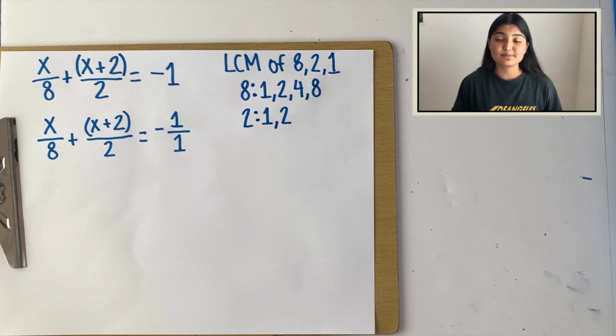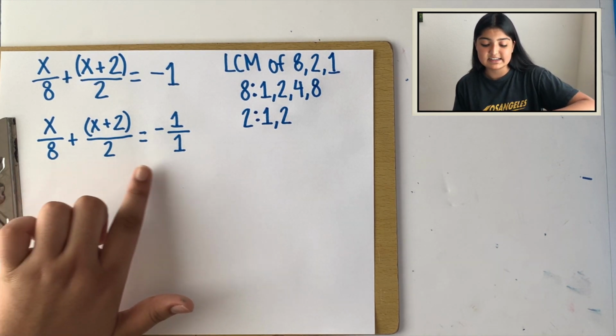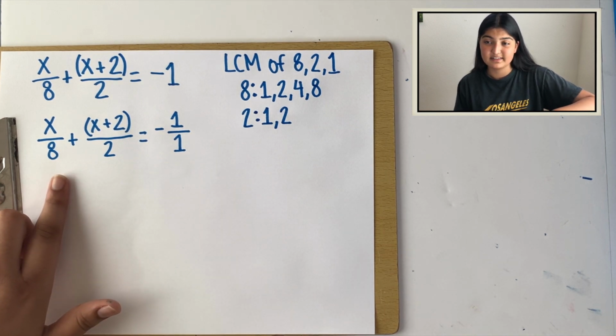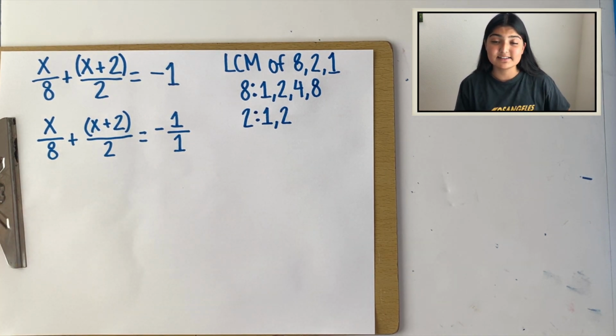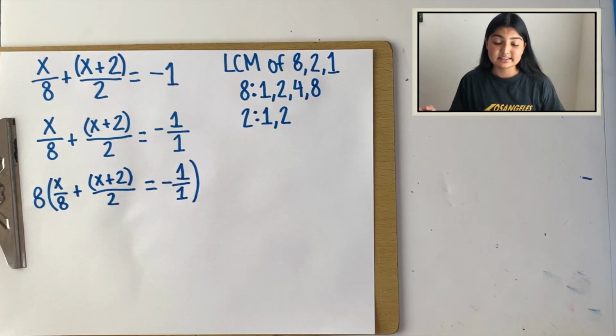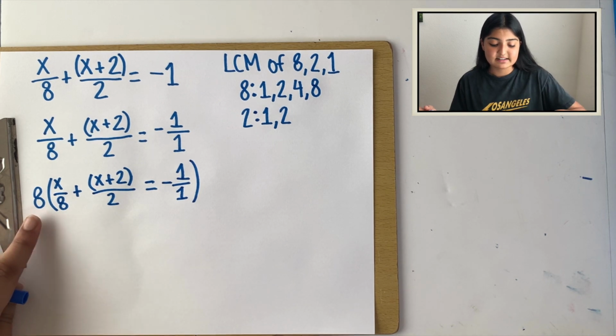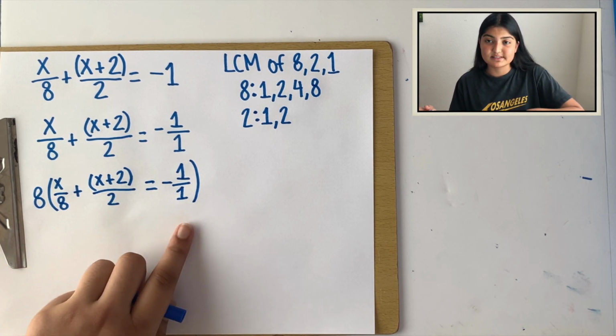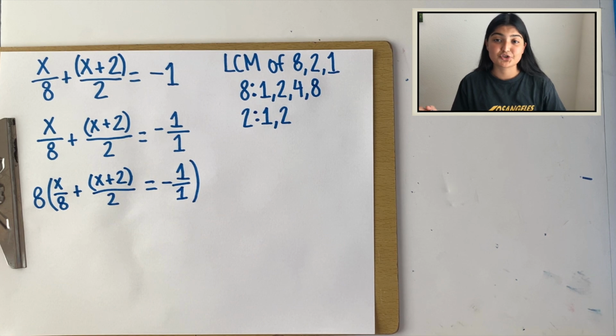Now, let's multiply the least common multiple to this entire equation. And keep in mind to use parentheses. Now, let's multiply 8 to each of these terms by distributing it.